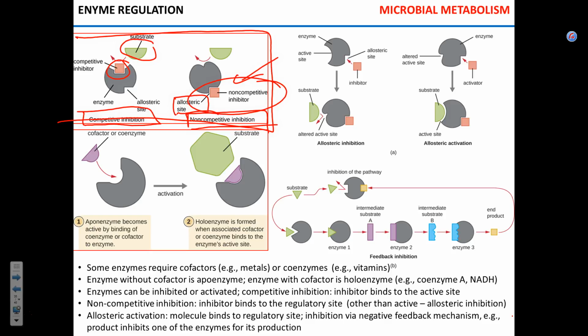The inhibitor interacts with its own binding site on a completely different part of the enzyme. It has nothing to do with the active site at all. It doesn't even resemble the active site. But it has to be very specific to that allosteric site to bind perfectly, because when it binds, it changes the shape of the enzyme.